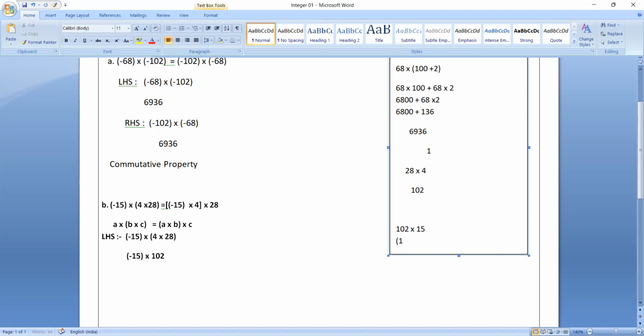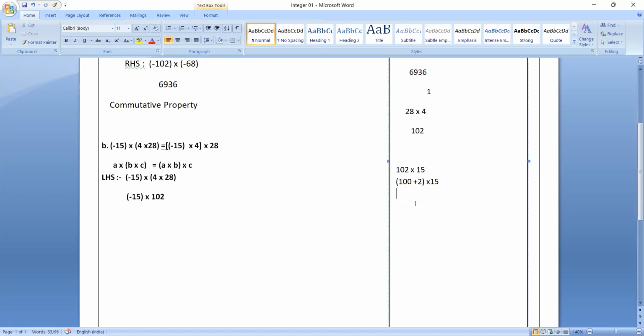We have to break this 100 plus 2, into 15. And you know that 1500 plus 30, which will become 1530. My dear student, answer will be minus 1530.